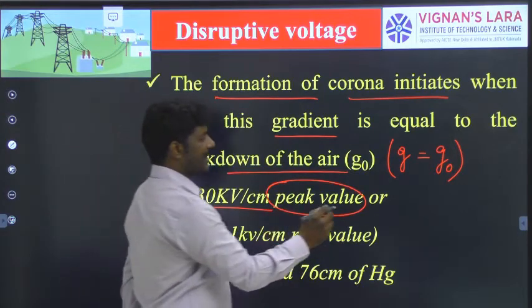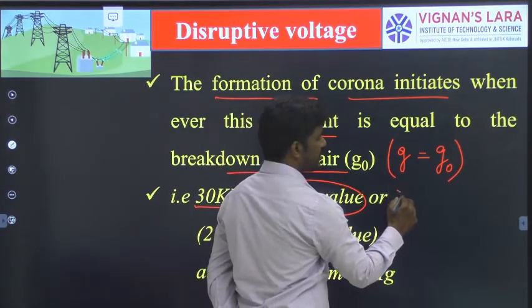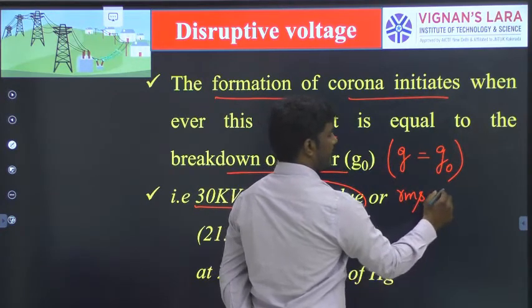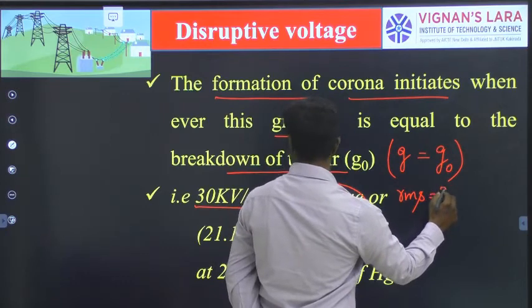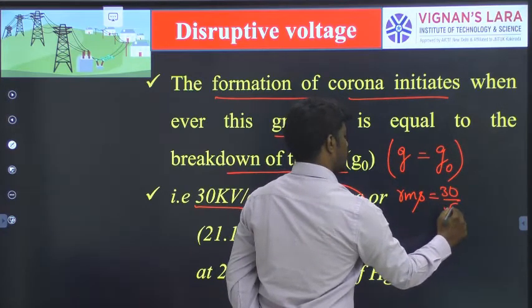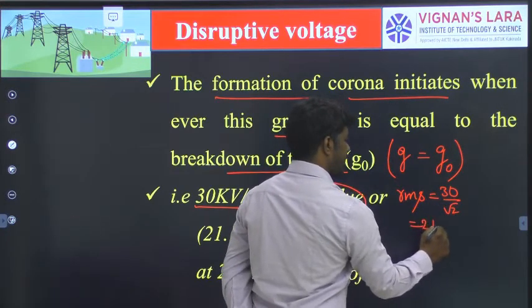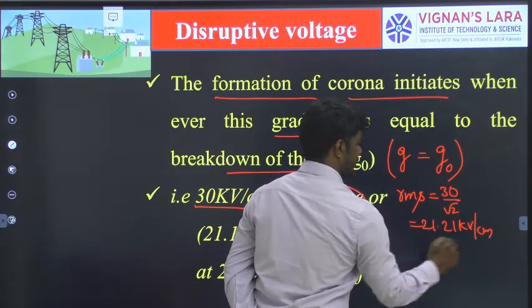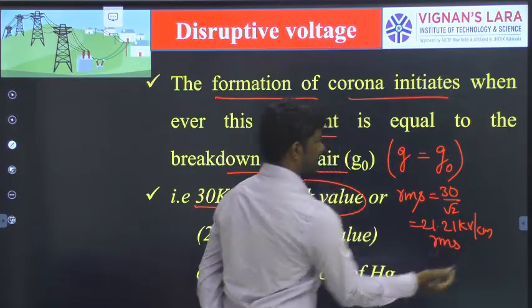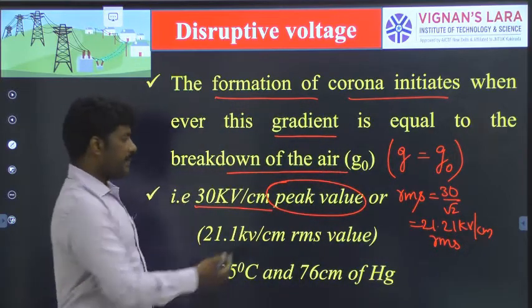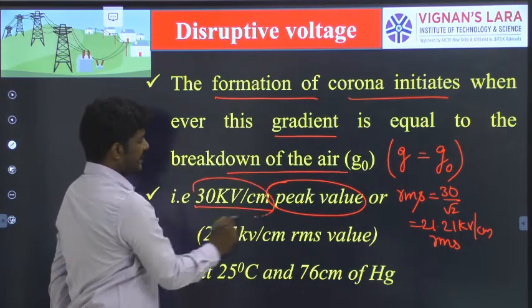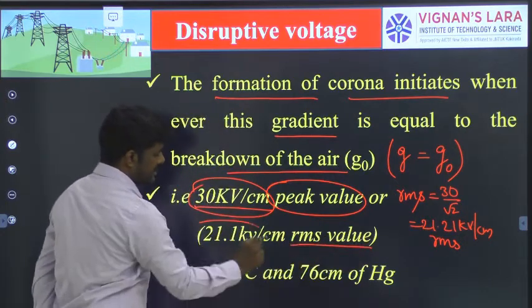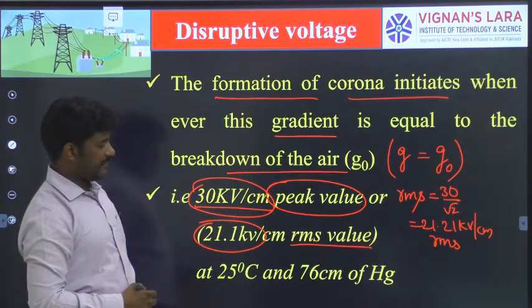In RMS, the breakdown strength of the air is the peak value divided by root 2, that is 30 by root 2, which is 21.21 kV per centimeter. In peak values it is 30 kV per cm, whereas in RMS quantities it is 21.21 kV per cm.